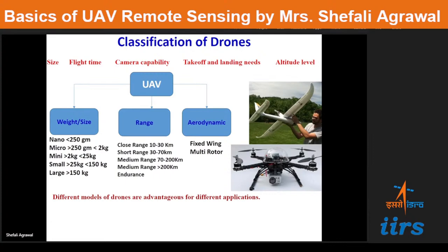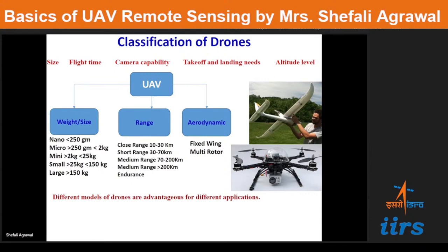Generally, if you want to use a drone as a remote sensing platform, the weight of the drone along with the sensors is in the range of 2 to 25 kgs, that is the mini range, and that requires permission to fly. Most of the sensors you install on the drone, along with the GPS and other instrumentation, increase the weight beyond 2 kgs.